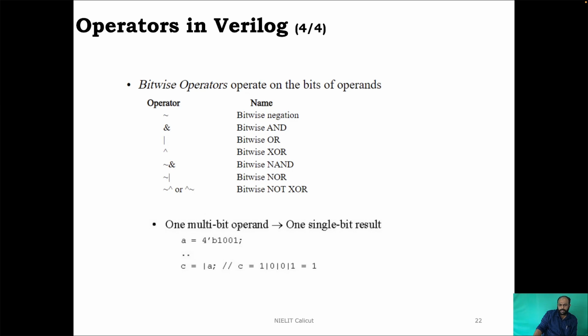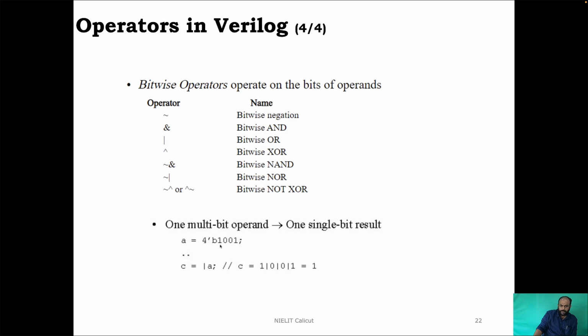Here these can be used with two operands, or they can be used with a single operand as well. For example, if you write the same bitwise OR operator before a single operand, you see here the variable A is declared as a 4-bit variable of binary 1001, and if you write C is assigned with OR of A, it basically reduces this vector A into one number.